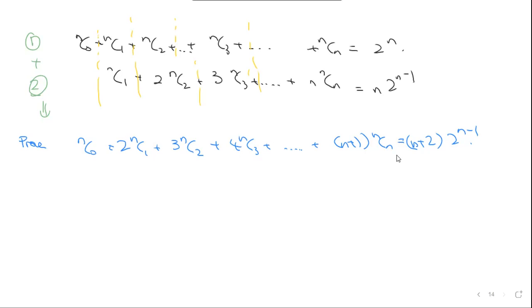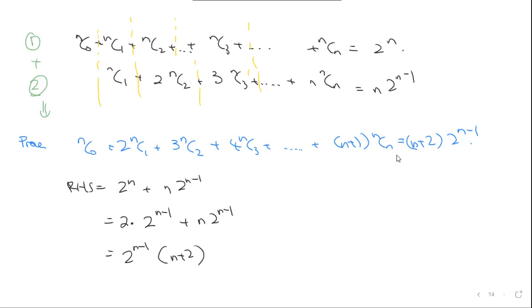So if we add 1 and 2, the left-hand side matches. Then the right-hand side will equal 2 to the n plus n times 2 to the n minus 1, which remember is, 2 to the power of n is 2 times 2 times 2, n times, which is 2 times 2 to the power of n minus 1. You can just take out 2 to the n minus 1, and you're left with n plus 2.